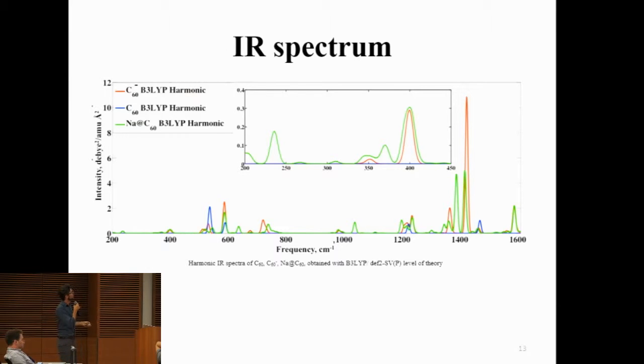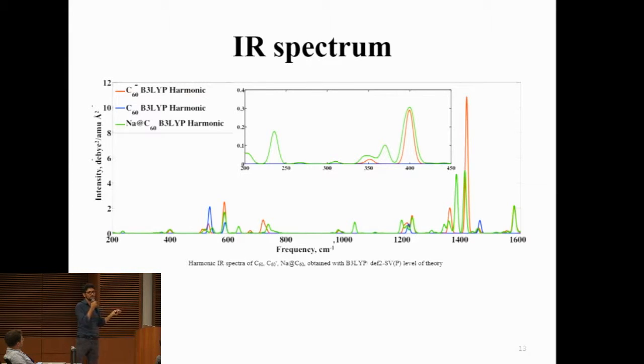But you can see the red peaks and the yellow peaks are matched, because we're trying to show here that the extra electron from the sodium radical actually transfers to the cage and does the same thing as that extra electron in C60 minus.